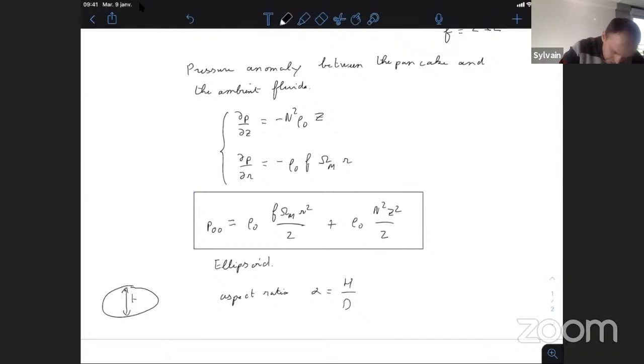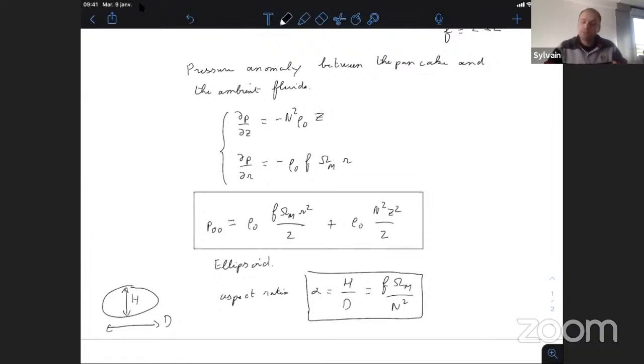H is this, d is this direction, and it's easy to get from the previous equation. This is, of course, a constant, the integration constant. And you have these results.